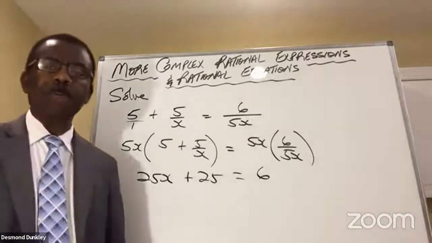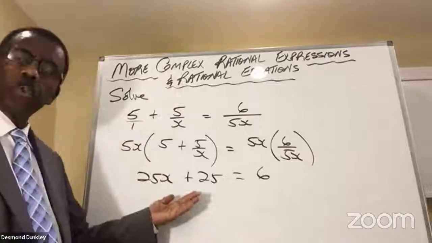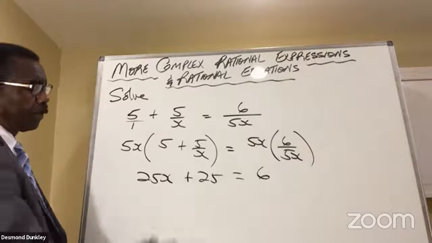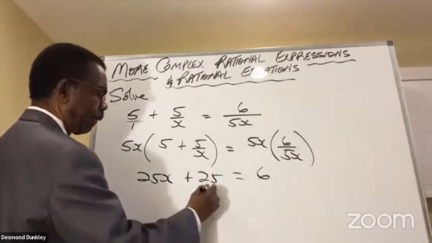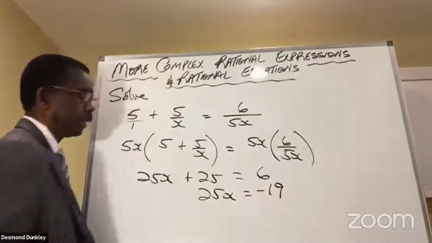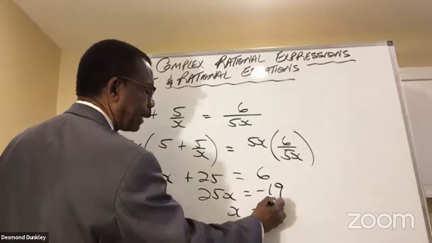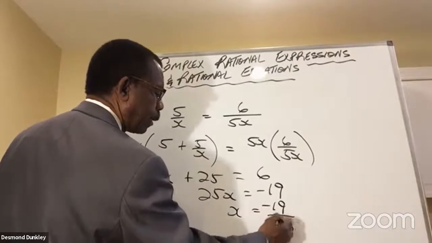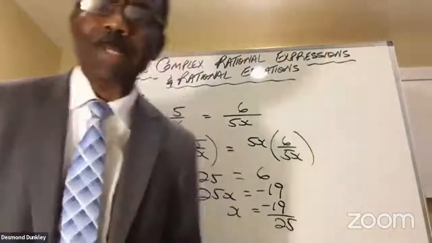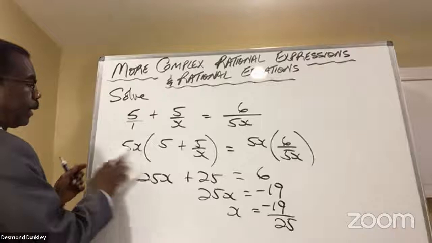So now we have transformed from a rational equation to a two-step linear equation. Okay? Subtract 25, we end up with 25x equals negative 19. Divide by 25, x equal to negative 19 over 25. And that will be the solution to that question. Okay? Let's look at another one.